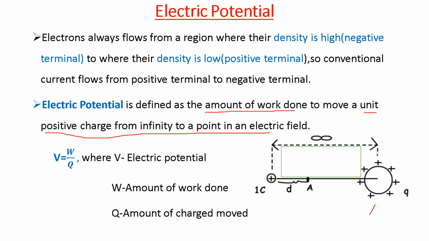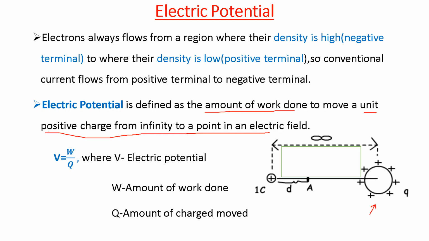Here we can see that a positive charge is there, around which it will have its electric field, similar to how a magnet has a magnetic field around it. Because it is positive, it will of course repel the other positive charge.